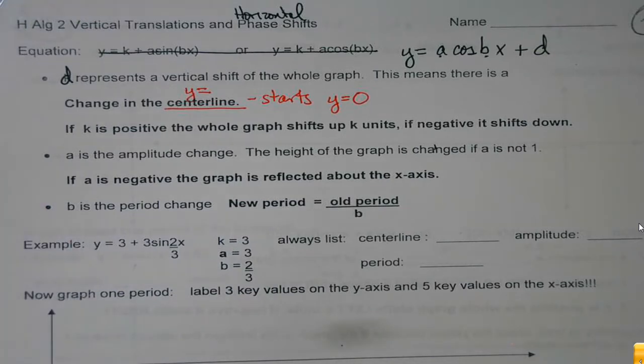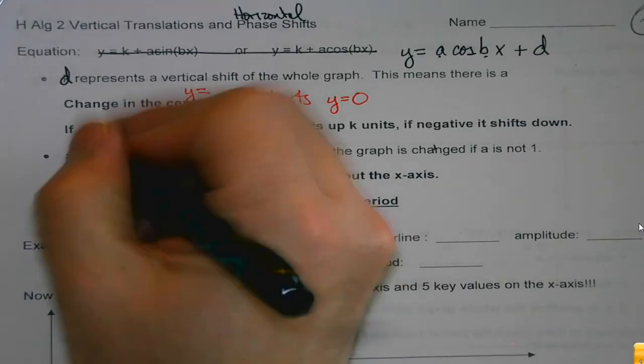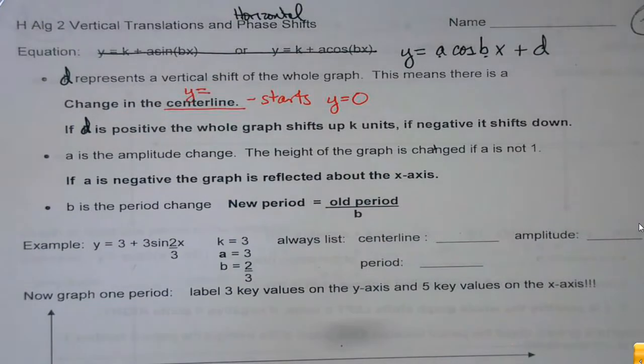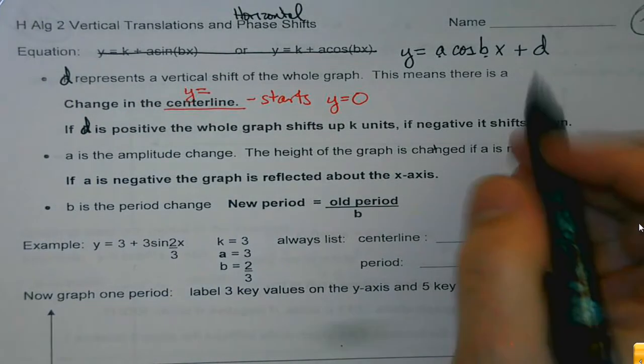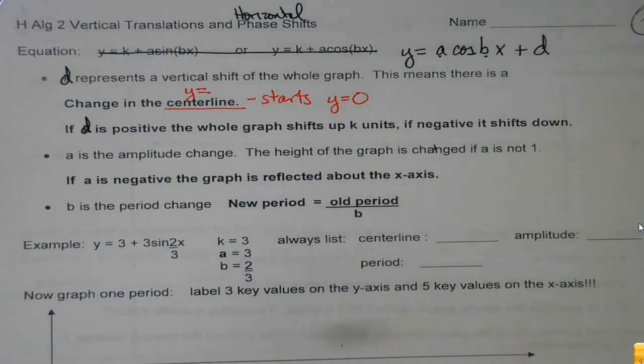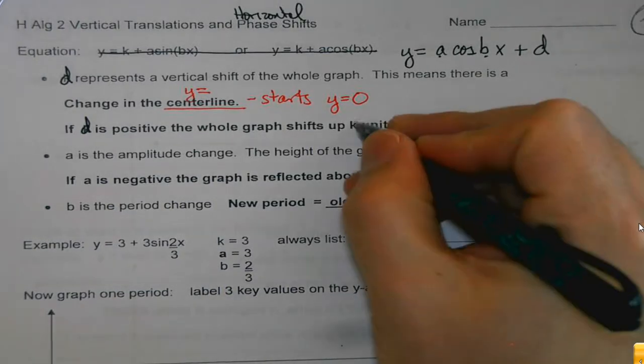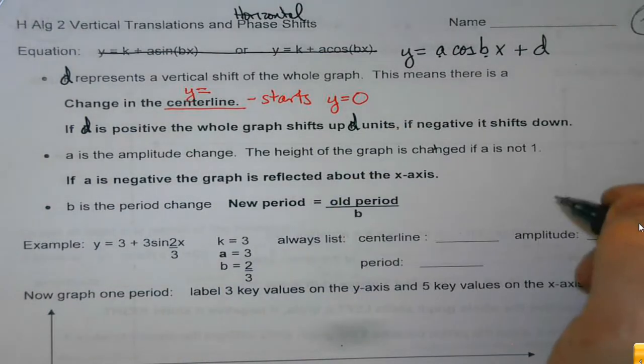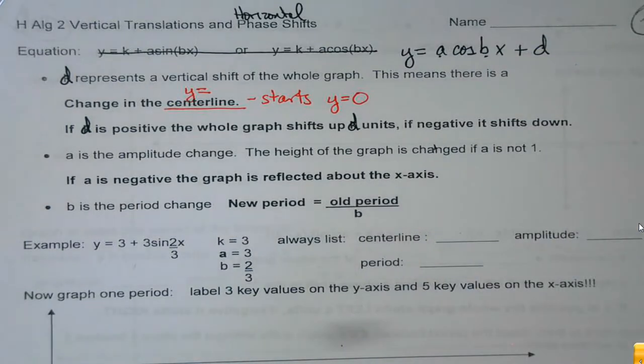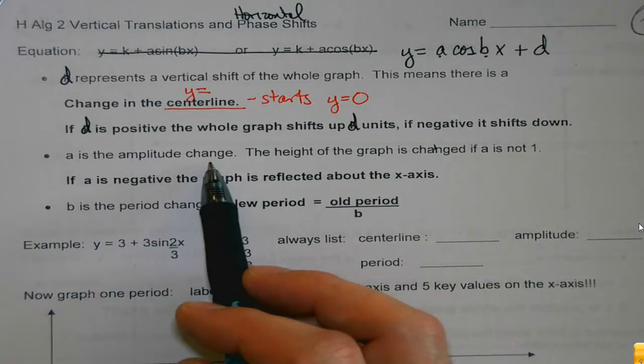So similar to things we've done before with shifts, if my d value is positive, so like if I have plus 2 or something, my whole graph moves up that many units. If it's negative, it goes down that many. So if it was like minus 3, my whole graph would shift down 3. And then the last two letters here are the ones we've been working on for a couple of days. A is my amplitude change.